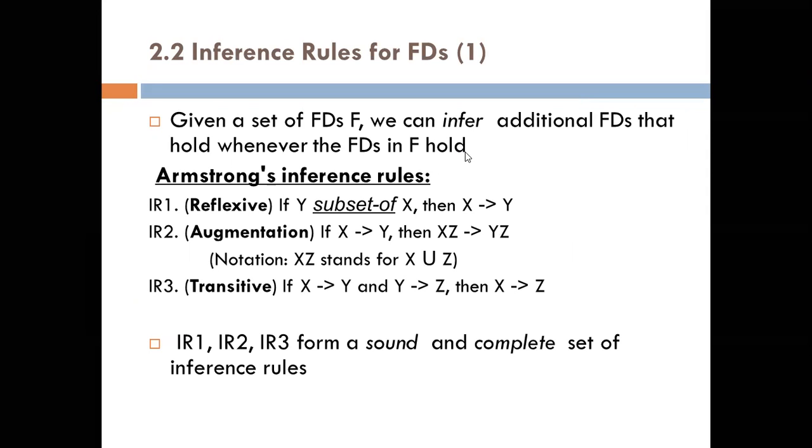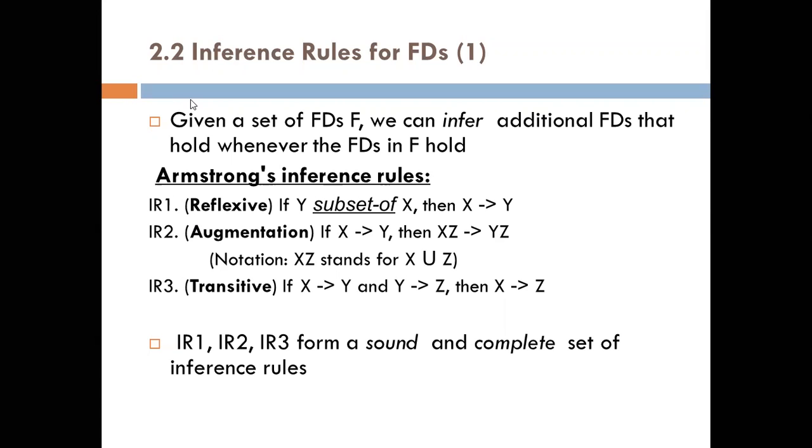The few proposed methods of inferring these functional dependencies include Armstrong's inference rules. Armstrong is a mathematician who has given the inference rules. There are three inference rules according to Armstrong: the reflexive rule, the augmentation rule, and the transitive rule.